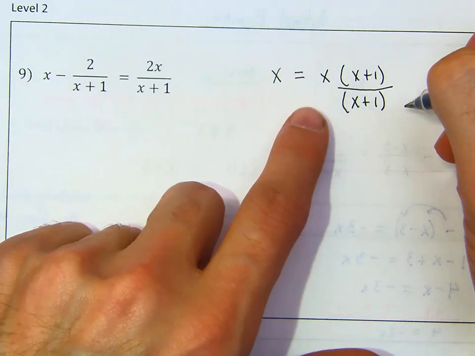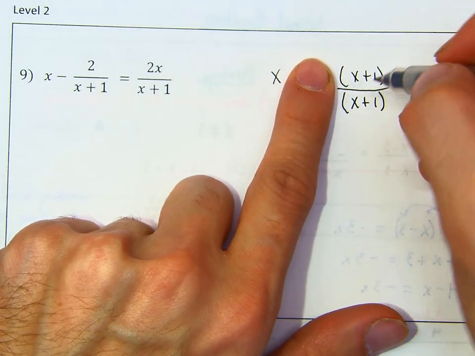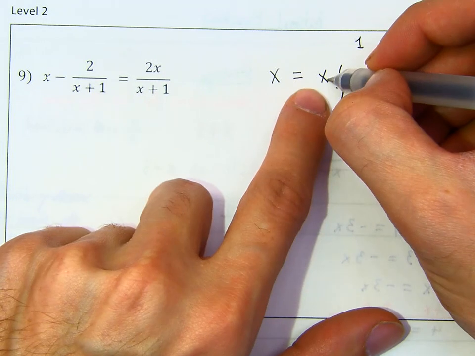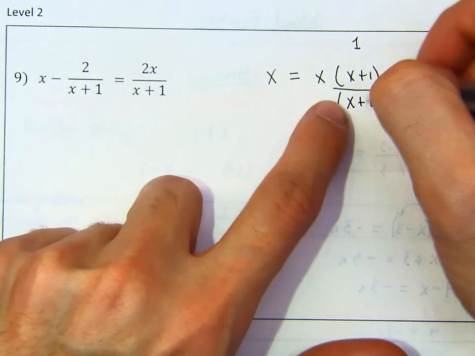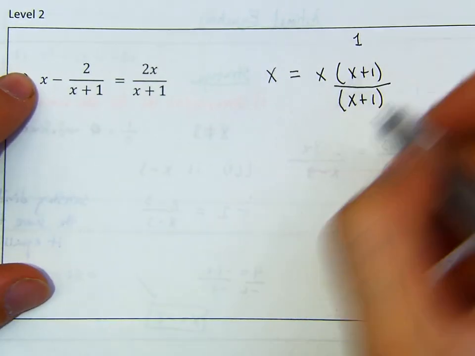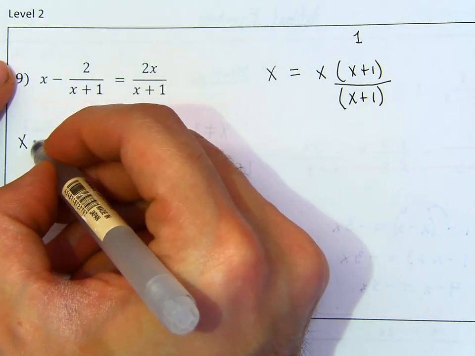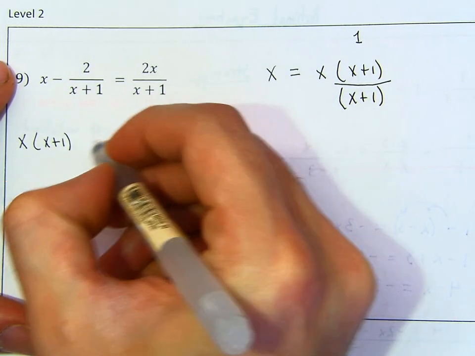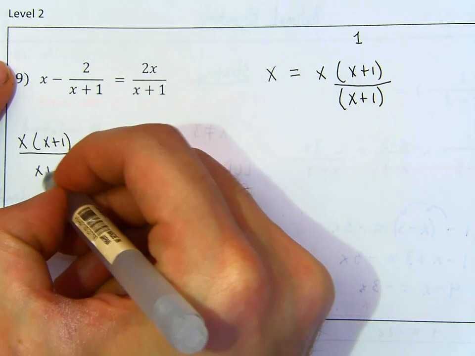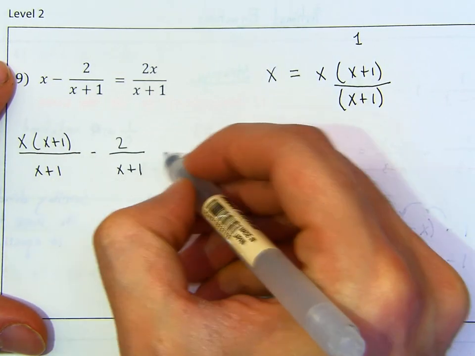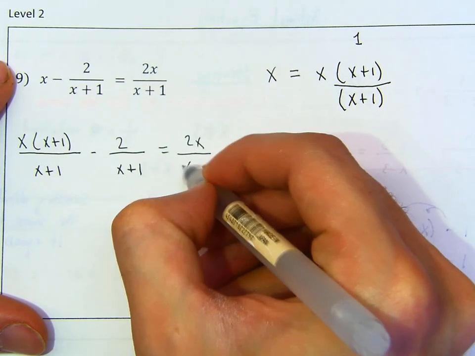Because notice, what is x plus 1 over x plus 1? This is equal to 1. What is 1 times x? It's still x. And that's how you change this x so that it has an x plus 1 on the bottom. So this becomes x times x plus 1 over x plus 1 minus 2 over x plus 1 equals 2x over x plus 1.